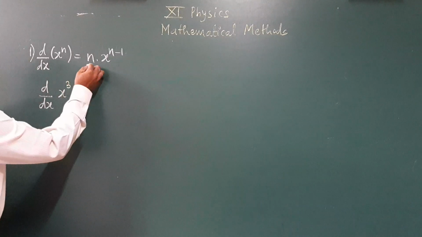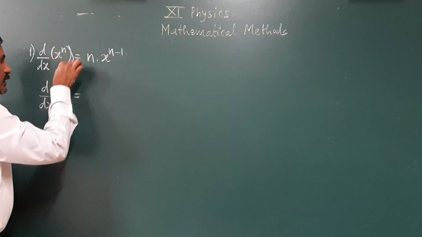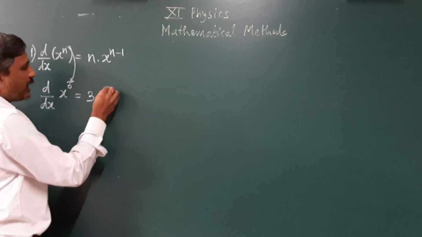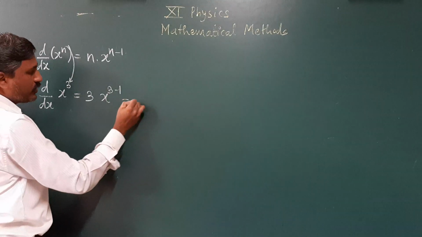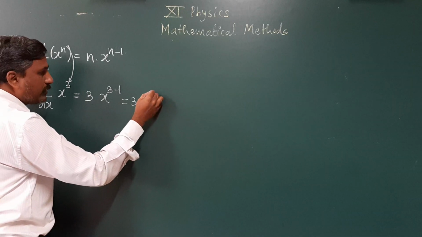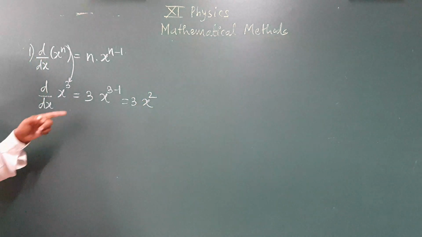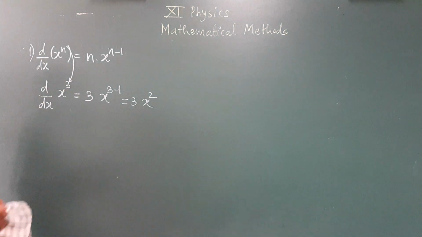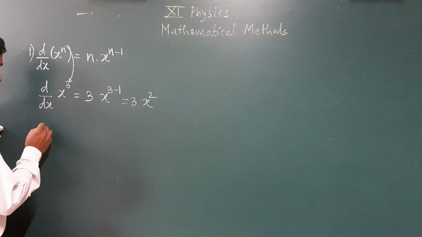Here n is 3. So I am writing it in this way: 3 as it is into x raised to n minus 1, meaning 3 minus 1. So the term becomes 3 into x squared.